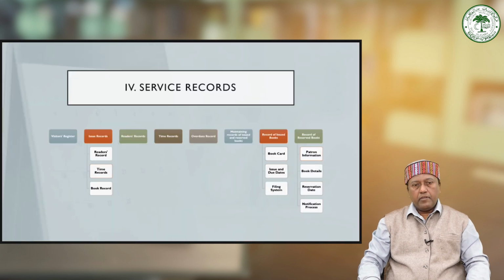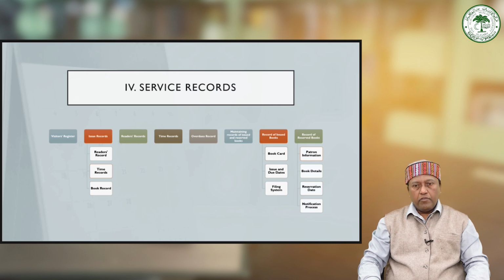So basically, the service records in the library are vital for maintaining a transparent and efficient interaction with the public. They provide valuable insight into the utilization of library resources and help assess the effectiveness of library services.